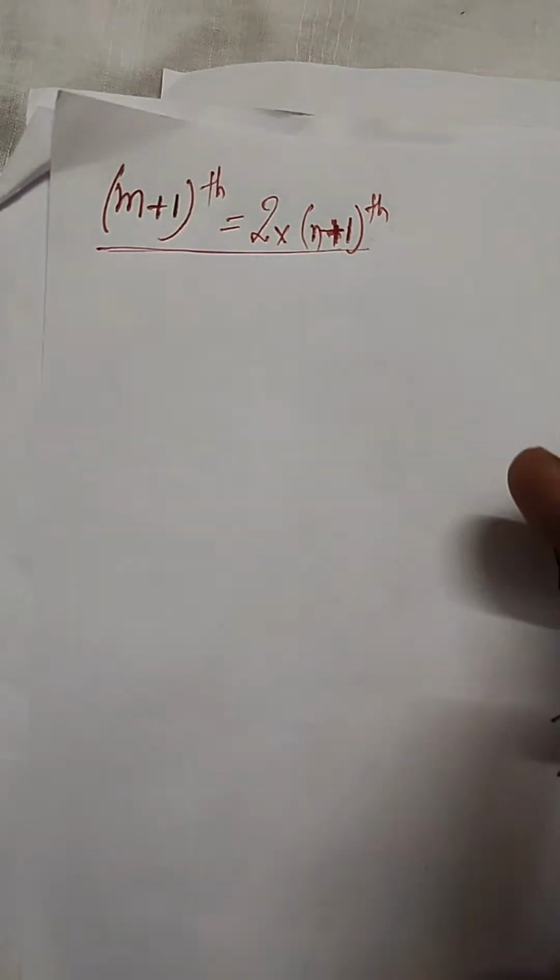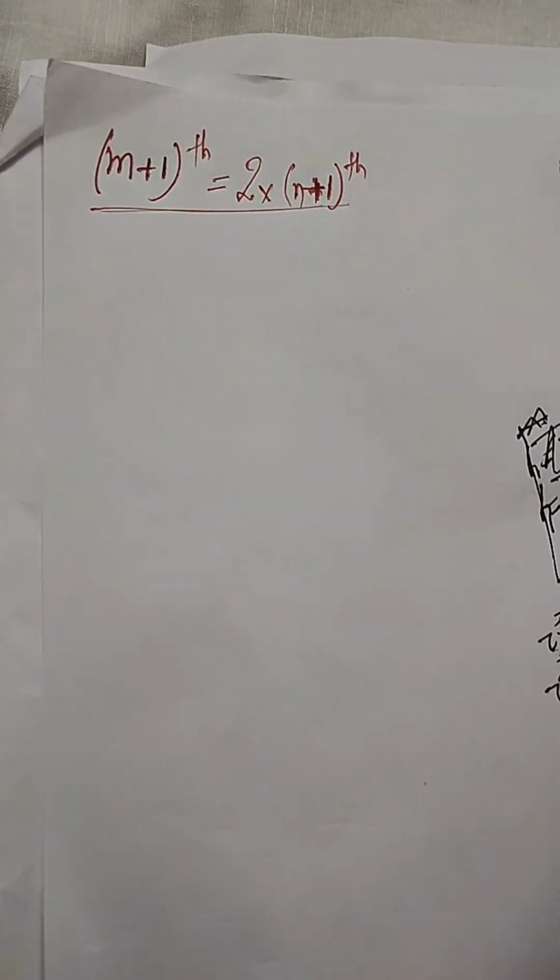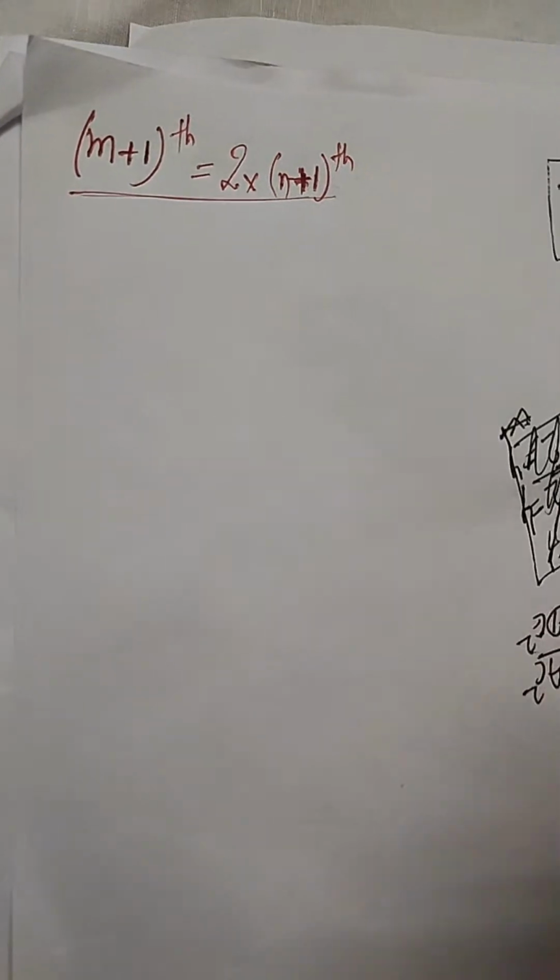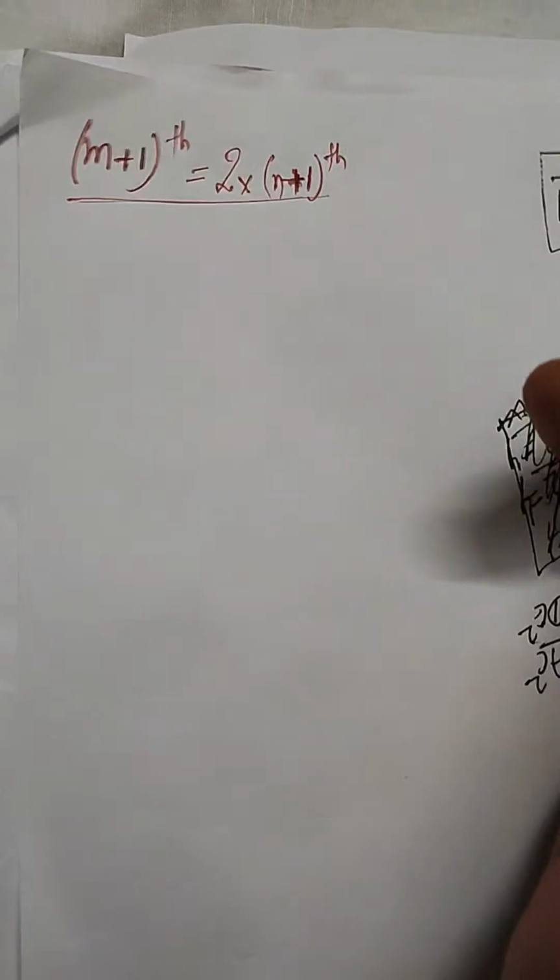Now let us do one thing here. As given in the question, you can find out the relation which can be derived. So here, let's say, what is the value of m plus 1th term and n plus 1th term, right?